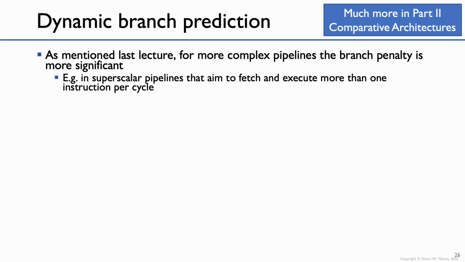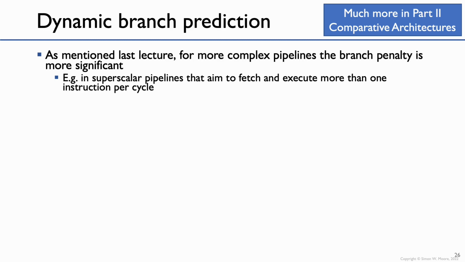Another approach, which I mentioned last lecture, but I'll go into just a little bit more detail, is dynamic branch prediction. And there's much more on this in Part 2 Comparative Architectures. As I mentioned last lecture, complex pipelines find it much more difficult to execute branches early.